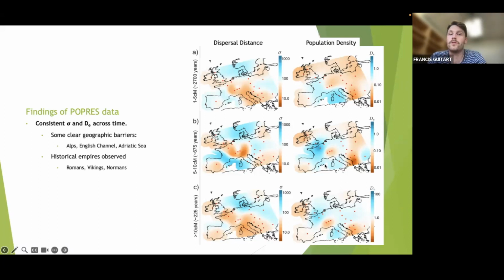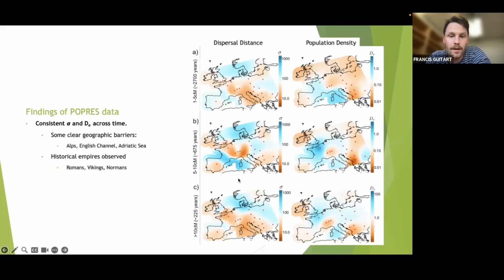Then around 600 years ago, we see this large expansion in Normandy and a spread of those people to the Mediterranean. And in that time, we were seeing the Normans really spreading and the rise of Christendom with the recession of some of the Muslim empires of Baghdad and Cordoba.